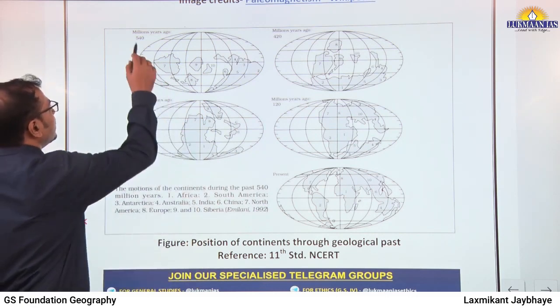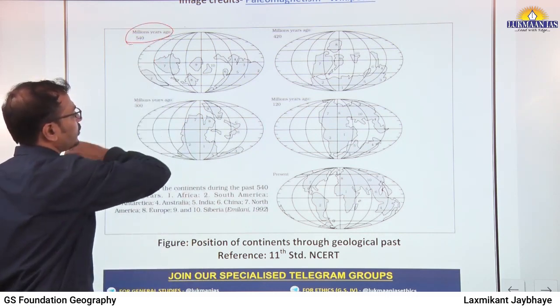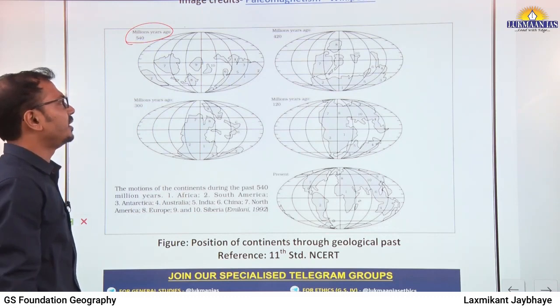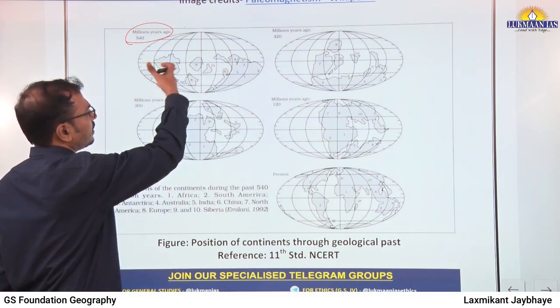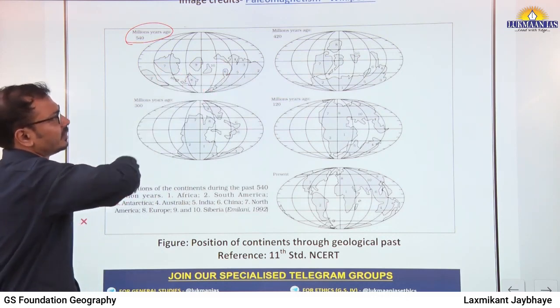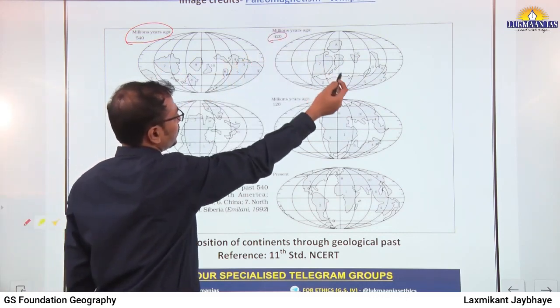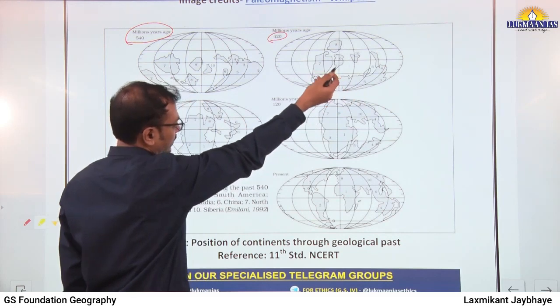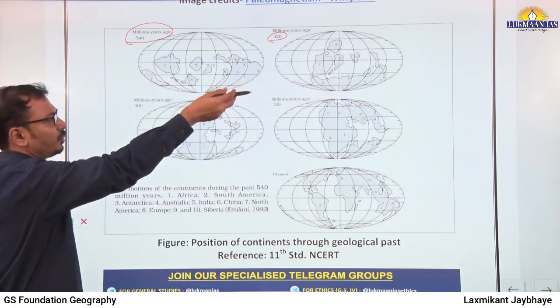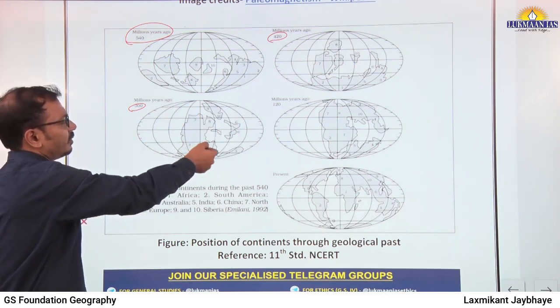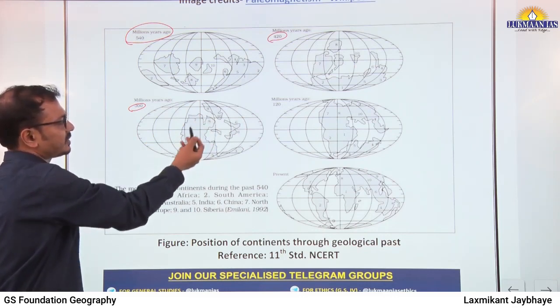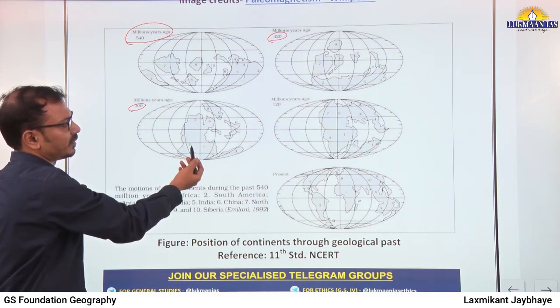You can see 540 million years ago, these land masses were spread in different manner like this. Then 420 million years ago, they started coming together. 300 million years ago, again they united, some of the land masses united together, you can see here.